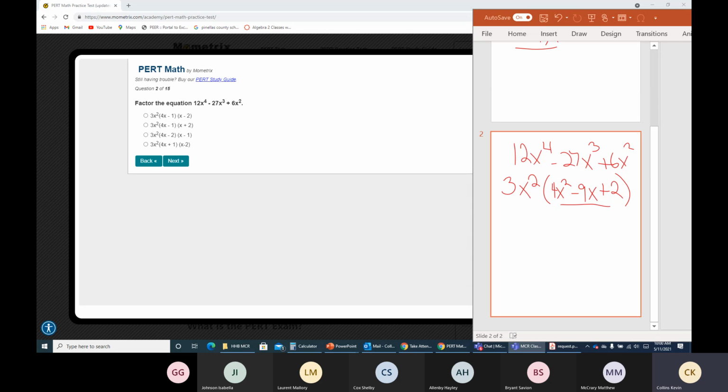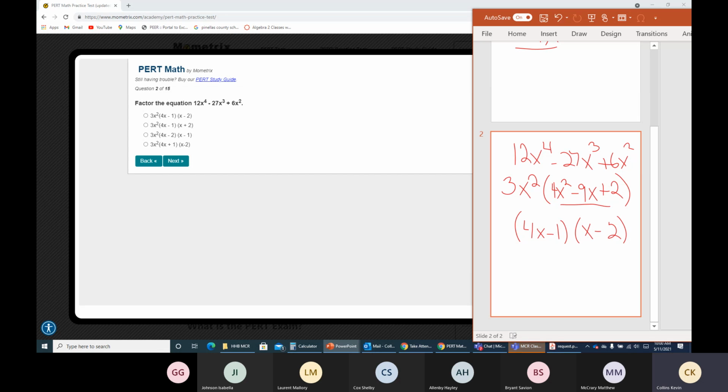All right, so let's check out our possibilities. So A, we figure it's got to be A or C, right? So A, we've got 4x minus 1, and then times x minus 2. So Haley, you're thinking it is A? Okay. So again, all you have to do is look at the inside outsides, right?